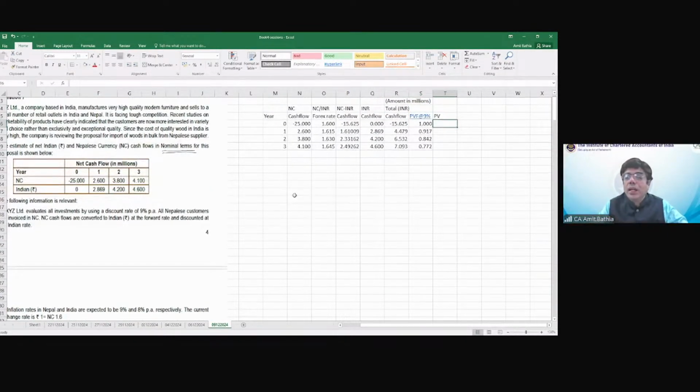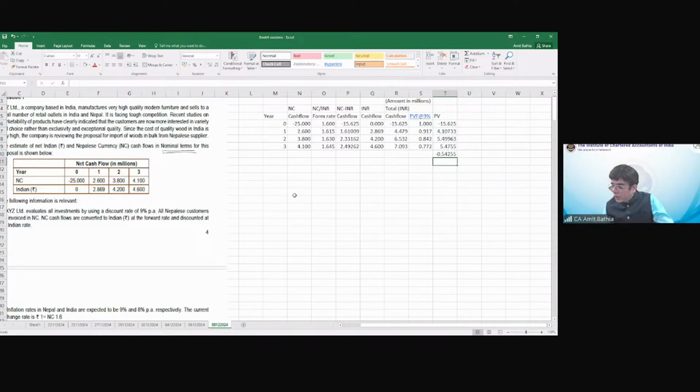So now I multiply the total INR cash flow with the PV factor at 9%, which is the discounting factor. I do the total.